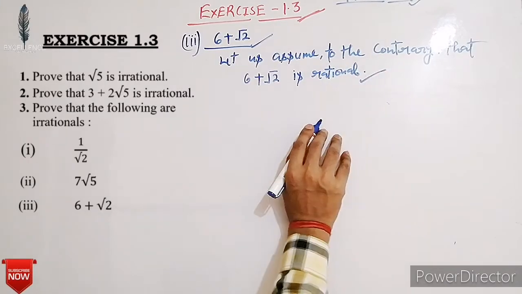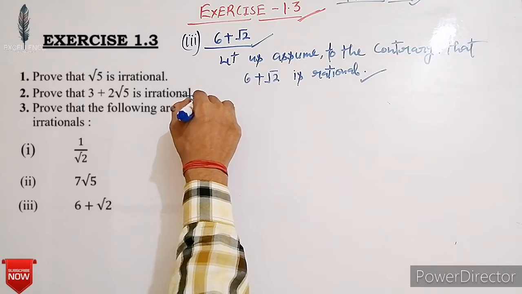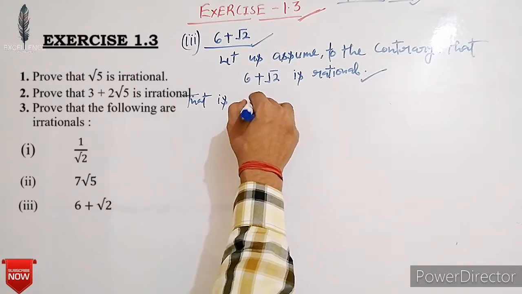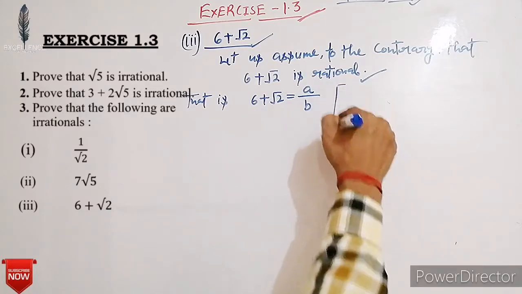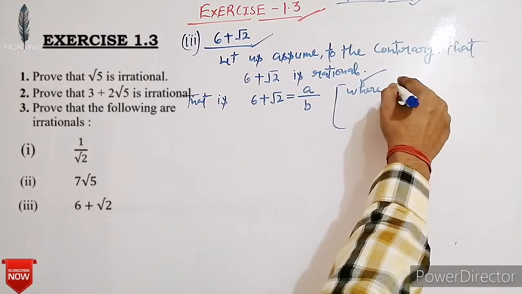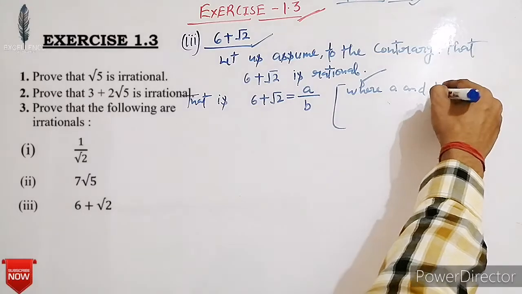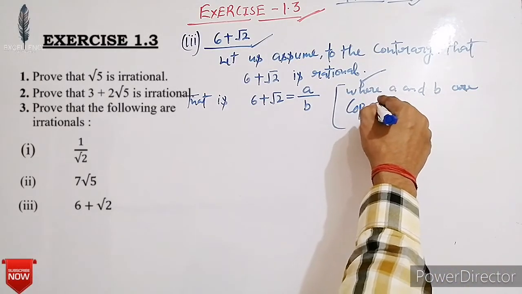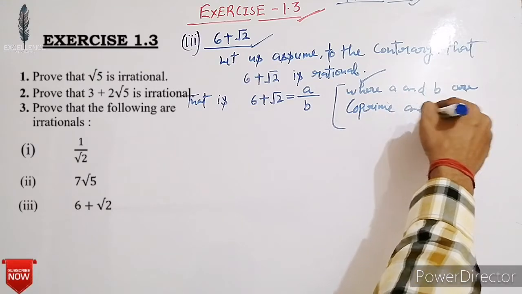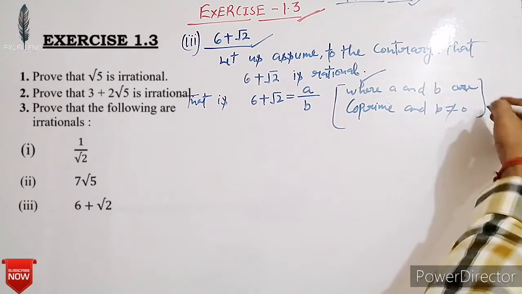That is, 6 plus √2 equals a/b, where a and b are coprime and b does not equal 0.